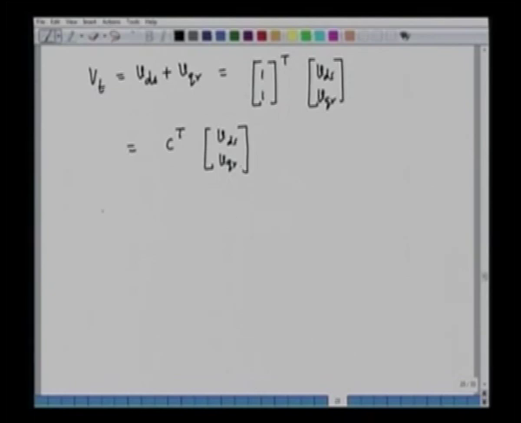So I can say here that V actual is equal to C transpose into V primitive. This is my V primitive, and Vt is my V actual.